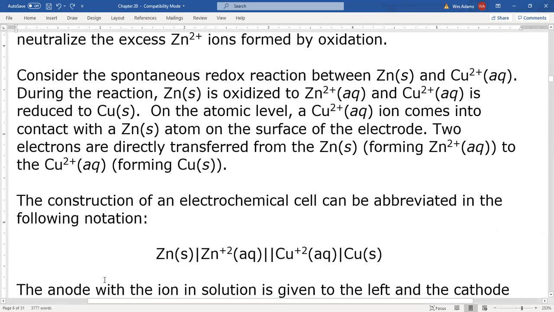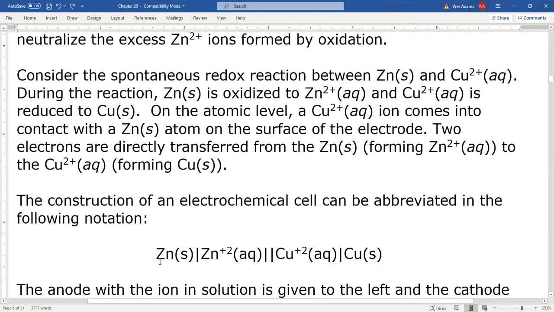And so an electrochemical cell would be abbreviated this way, where the anode is on the left, the cathode's on the right. And so the first thing listed is the zinc metal. So that first thing is the anode, what the electrode's made out of. And then the ion in solution, the oxidized form.